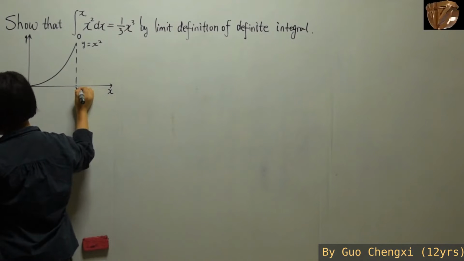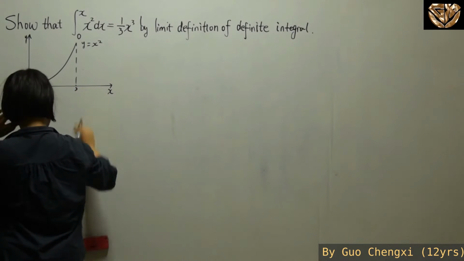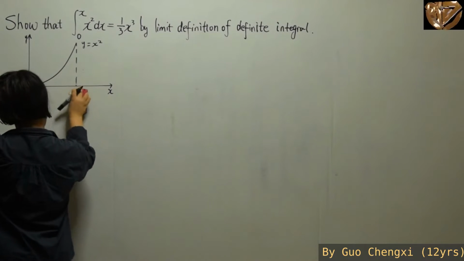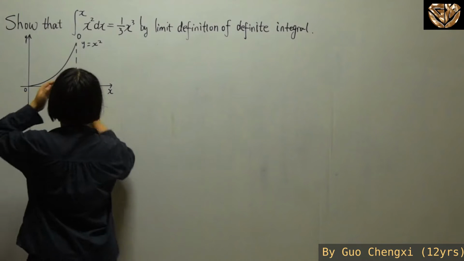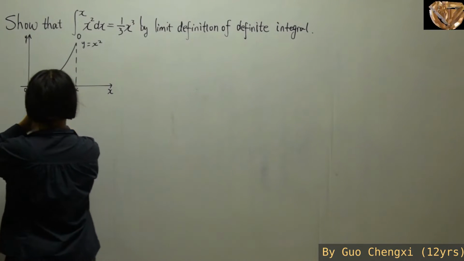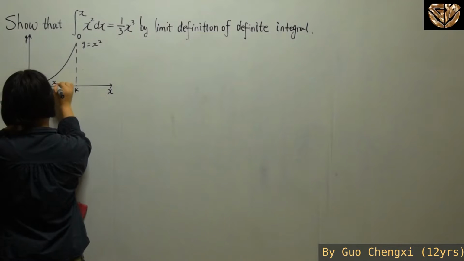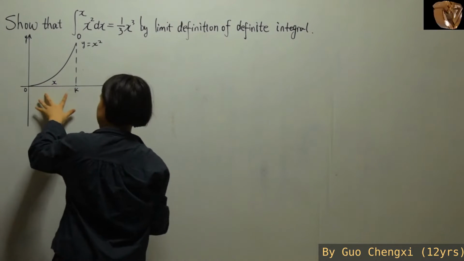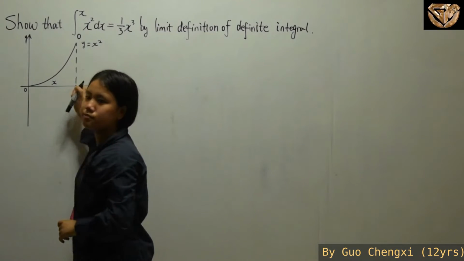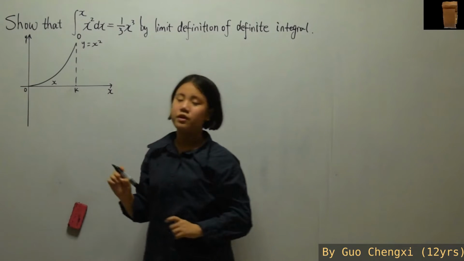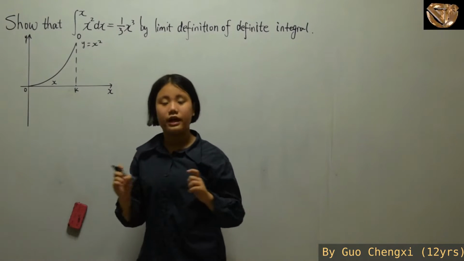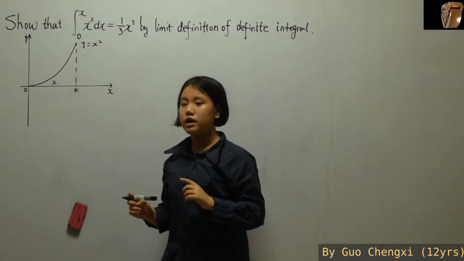Over here, this whole length will be x, okay? But I'm going to name this point k. Even though this whole thing is x, we'll be calling this point k, and we'll be separating this length x into k parts.